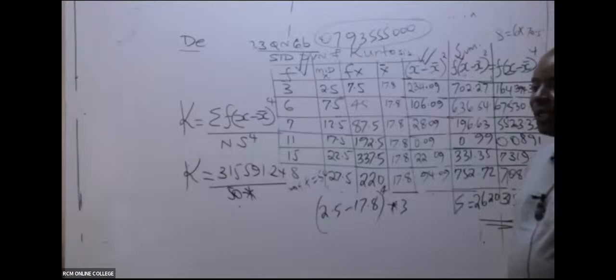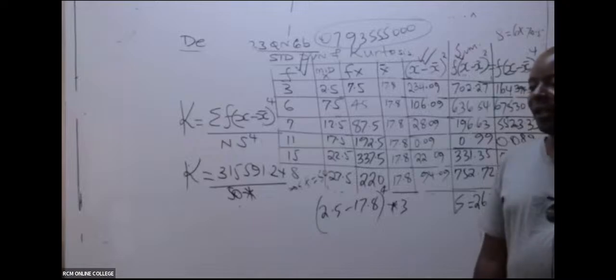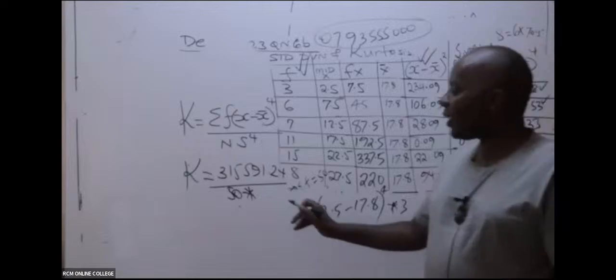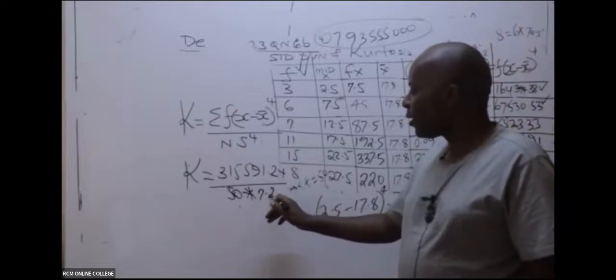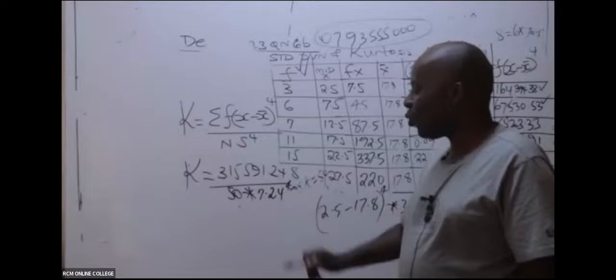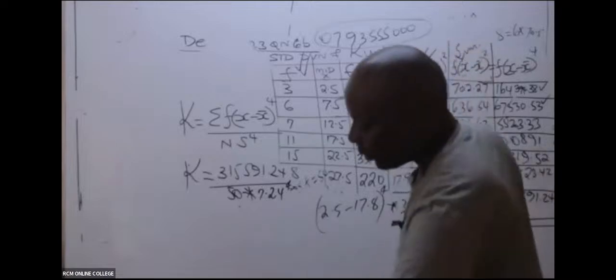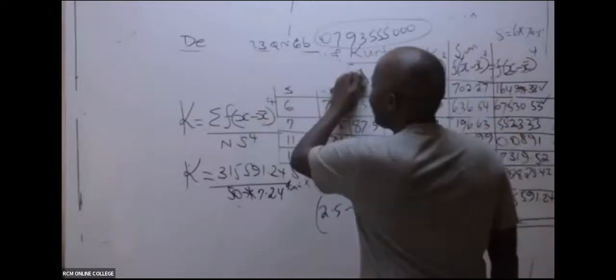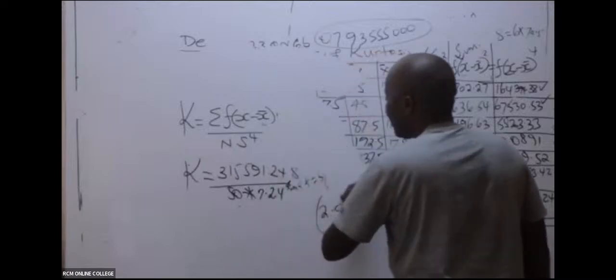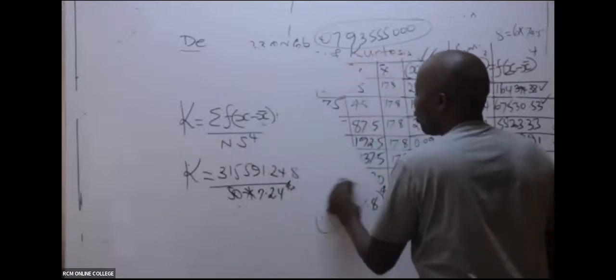Are you able to remember the standard deviation? We got it, 7 point something. 7.24. So we have here 7.24 raised to power 4.